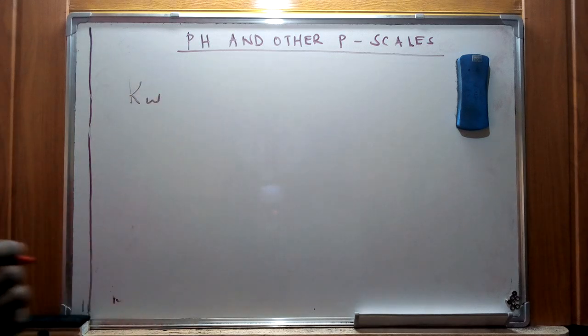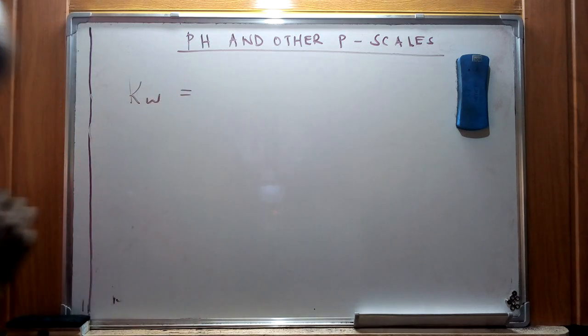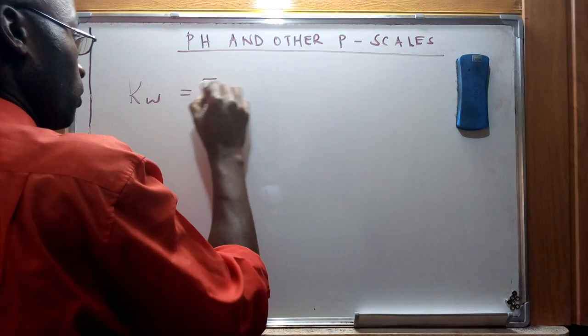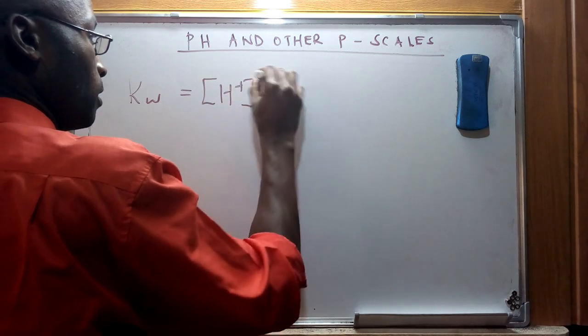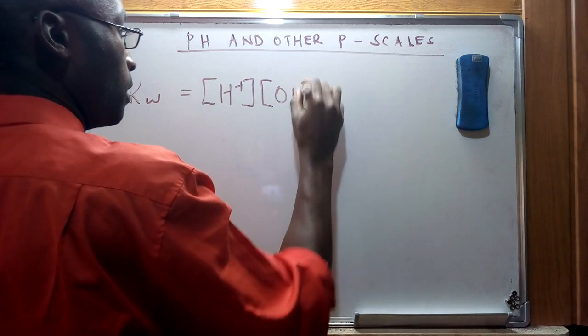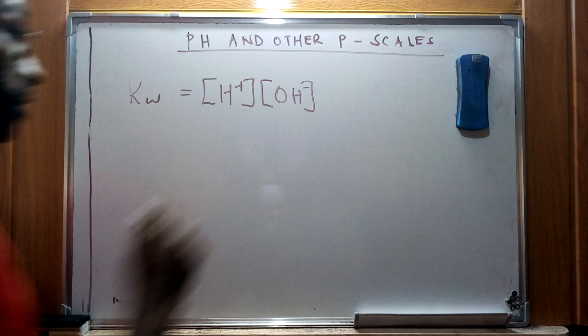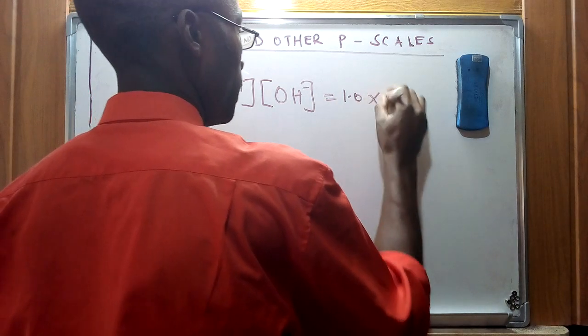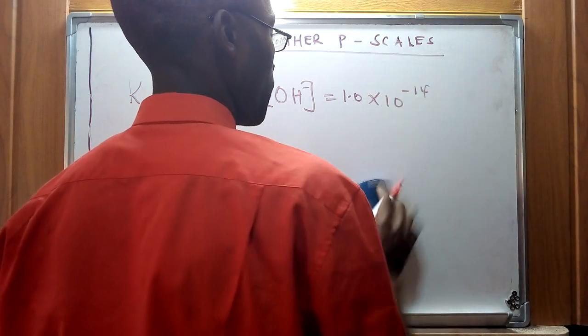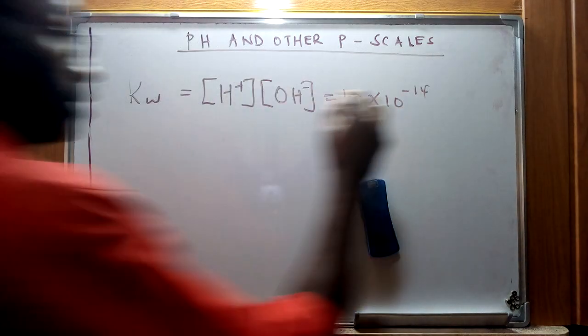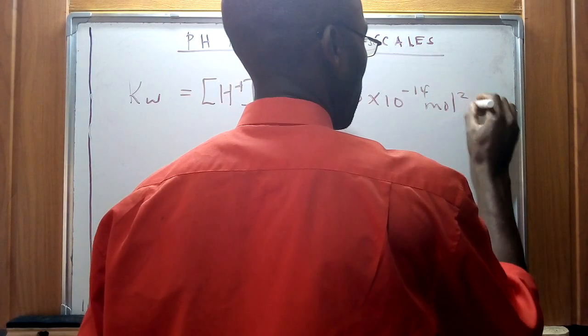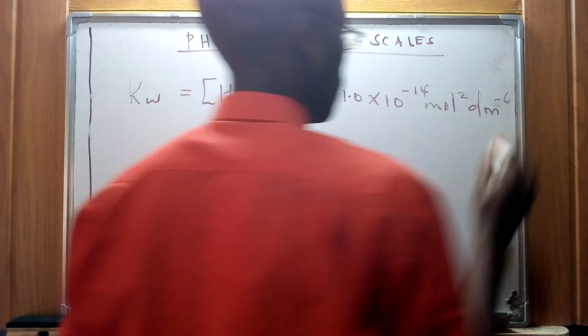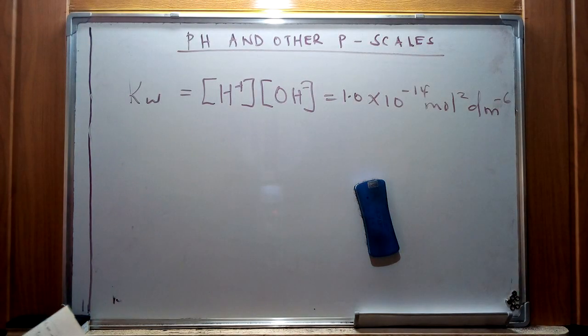So Kw can be given as the ion product of water, which was the product of the concentration of these two specific ions, which was given a value of 1.0 times 10 negative 14. This was given in the units of mole squared per decimetre negative 6. And for this, of course, we had said that we can get the pH for this as a negative scale.